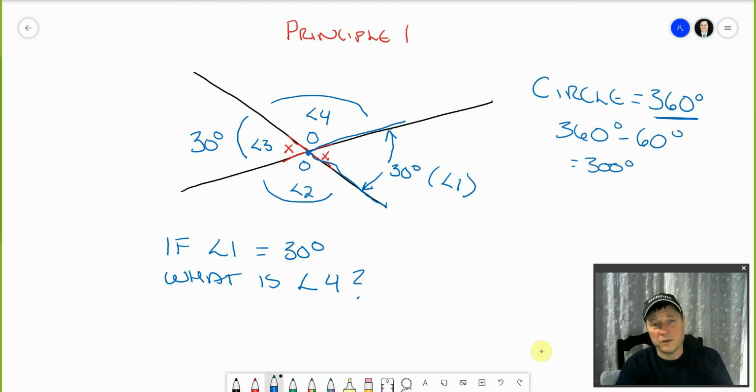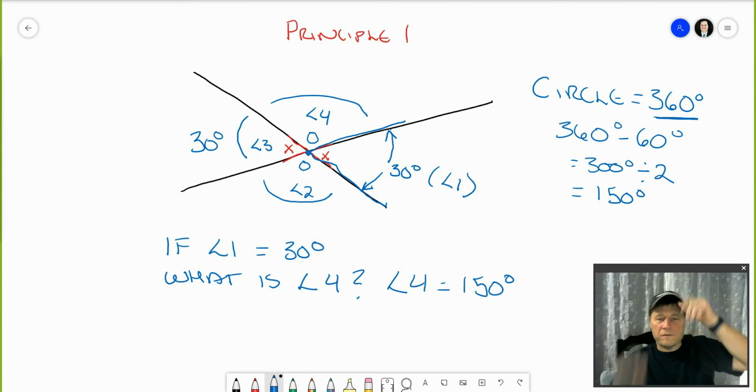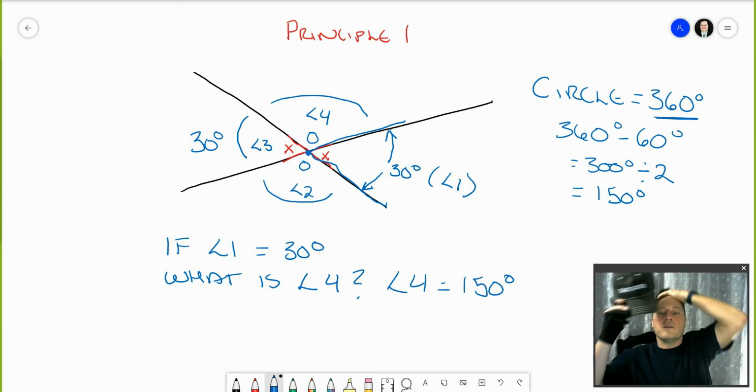We know based on principle 1 that this angle and this angle are the same. So really we'll just take this 300 degrees and we'll divide it by 2. Therefore we know that angle 4 equals 150 degrees.